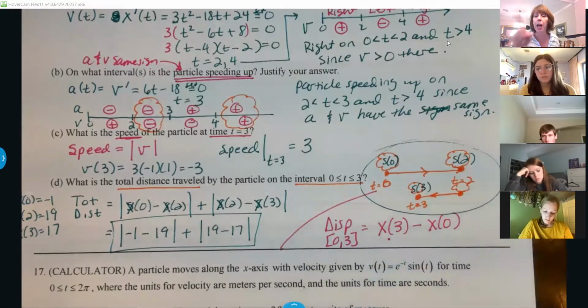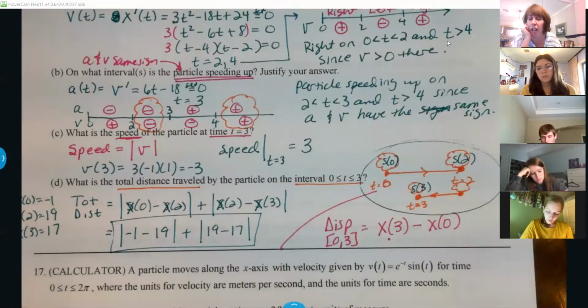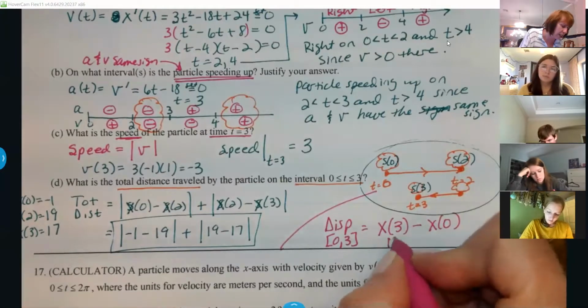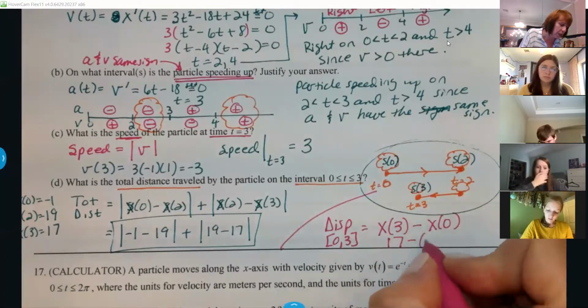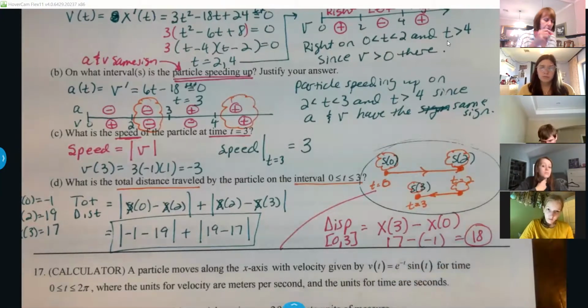That's displacement, if you're on a straight line. This is a straight line. You might be thinking of physics where you're on curves. We'll do that later on, but for right now, this is just a straight line, so it's just the last minus the start. So x of 3 was our 17, x of 0 was -1, so the displacement here would be 18.